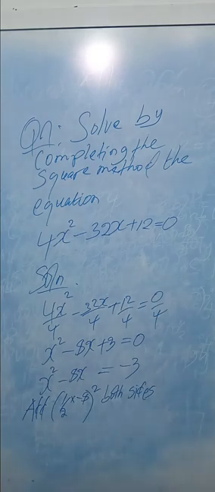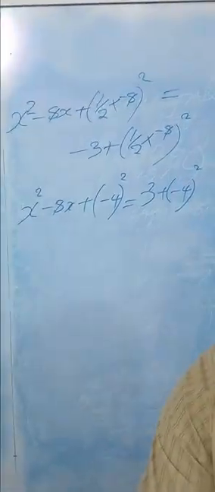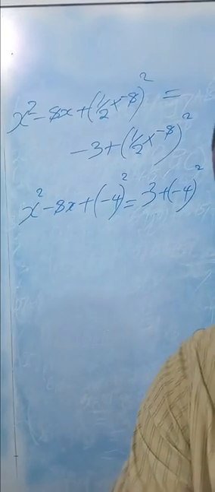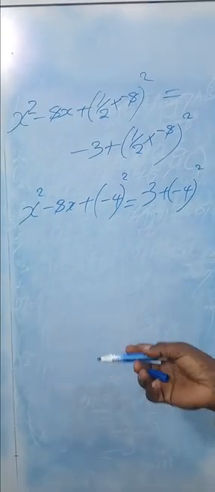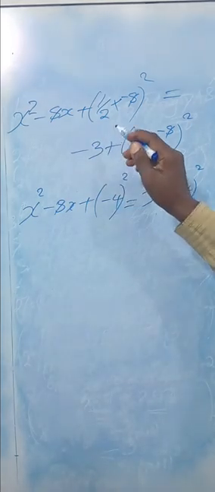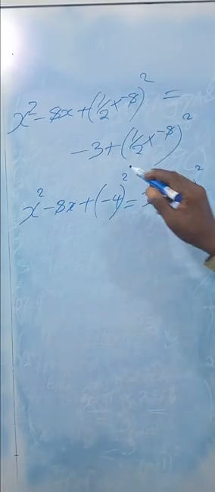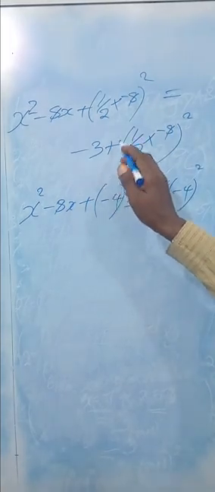So when that is done, here is what we get. x squared minus 8x plus half the coefficient of b in brackets squared equals the right hand side, which is negative 3.